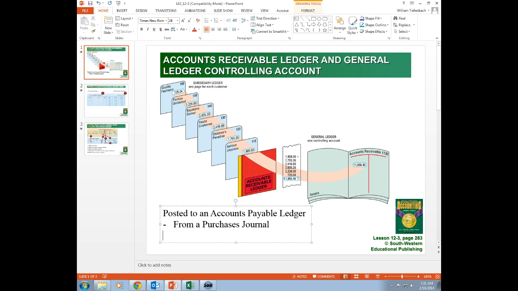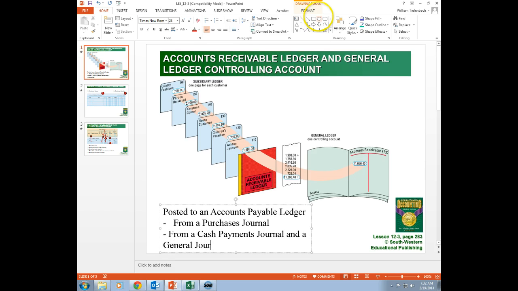In chapter 12-2, we took a cash payments journal and a general journal, and we posted this to the accounts payable ledger.